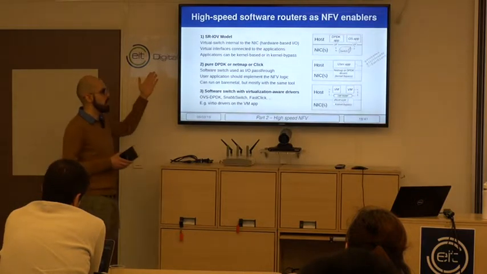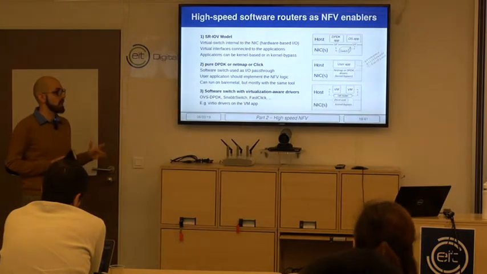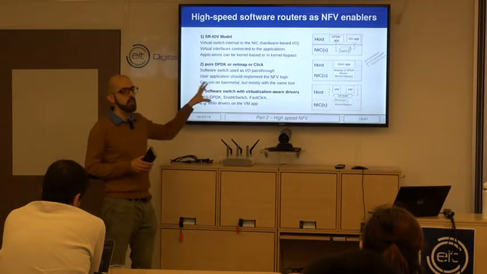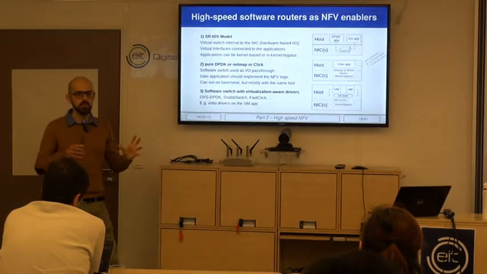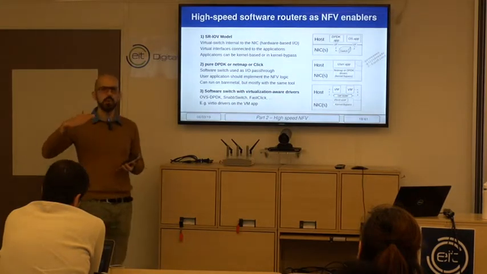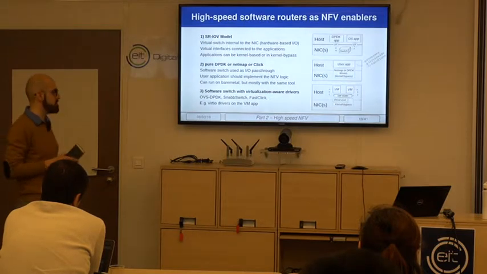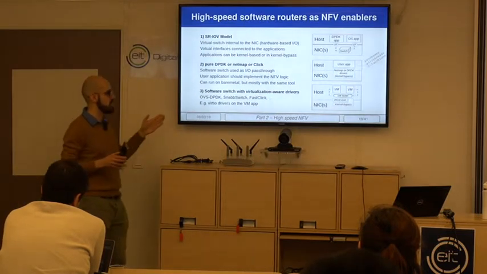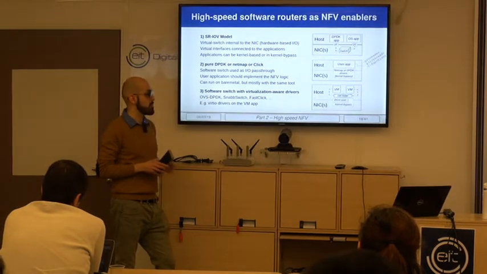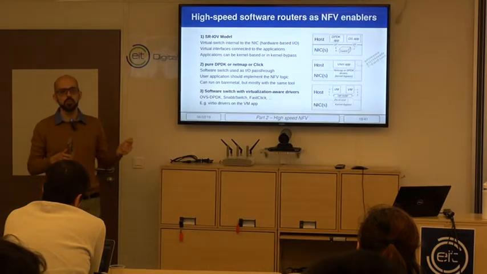Then here is where the software routers have a role, because two other alternatives are either to use a standalone application, so use a simple framework such as VPP and create on top of it our network functions, or we can, in a simpler manner, use the software router, as in case 3, just to link virtual machines or containers.